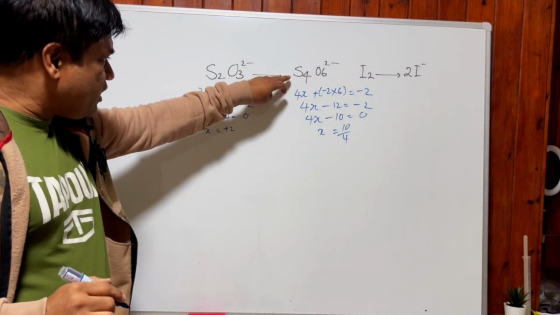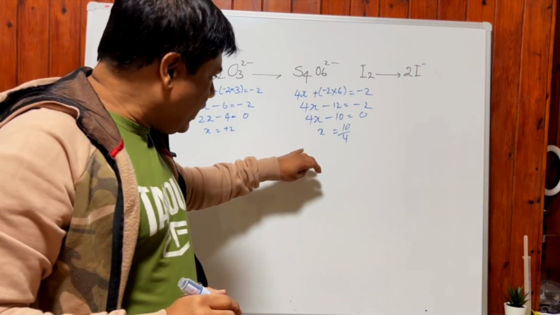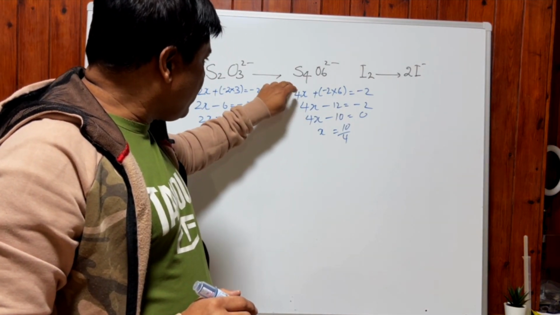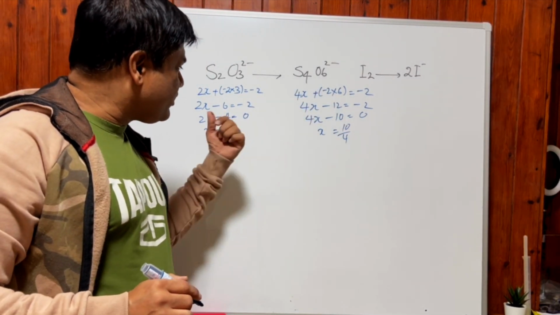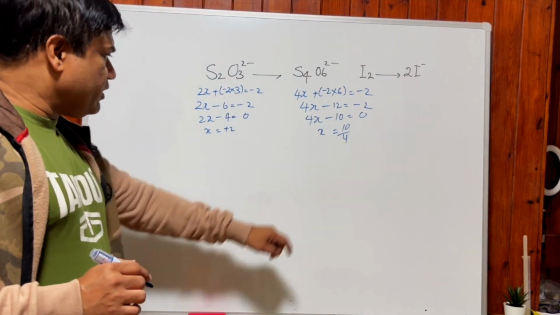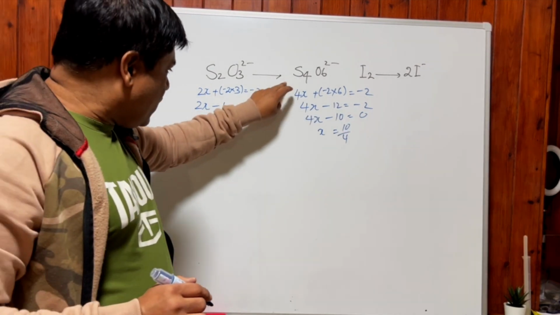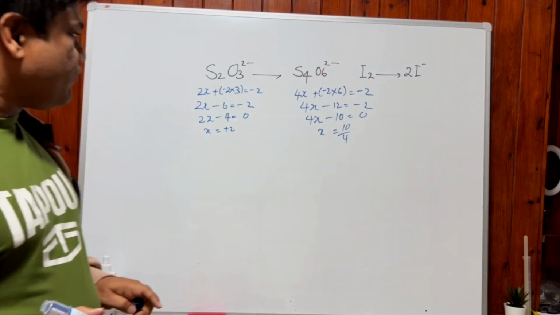That's the average oxidation state, and I have already shown that whenever we have a sulfur-sulfur linkage in the molecule, the sulfur-sulfur bond has 0 oxidation state. Anyway, it's 2.5, which is the average oxidation state of each sulfur atom.